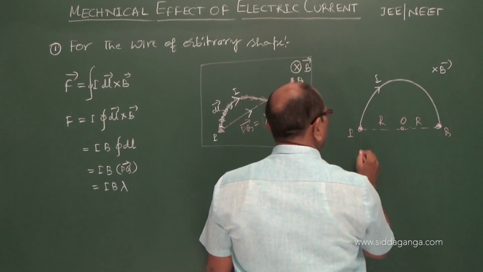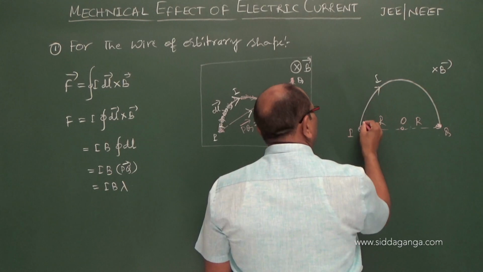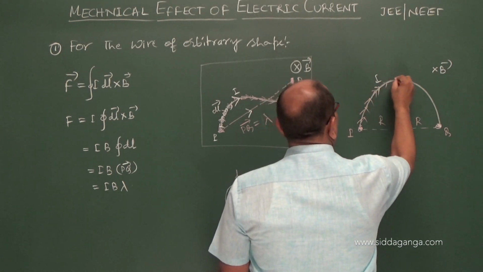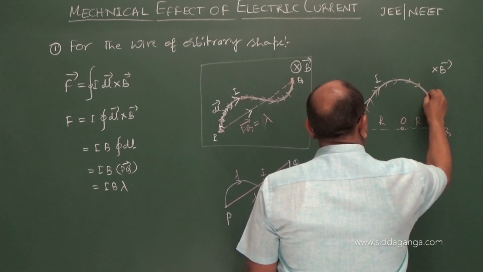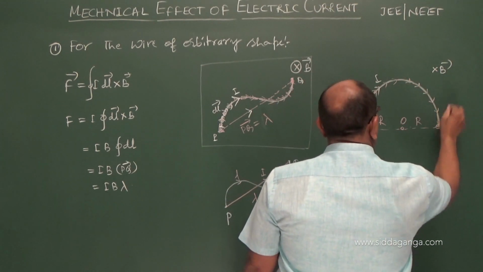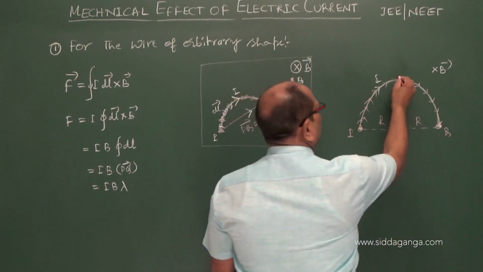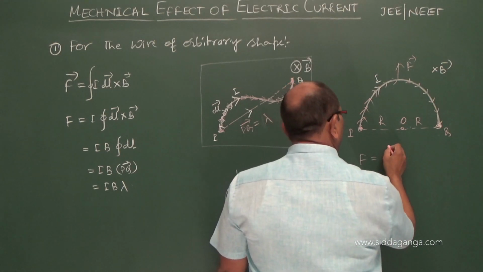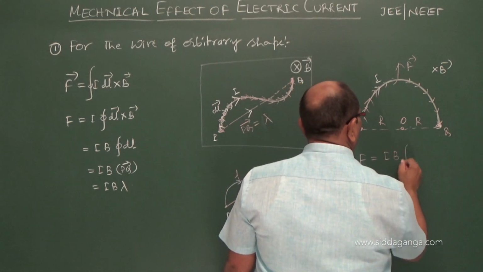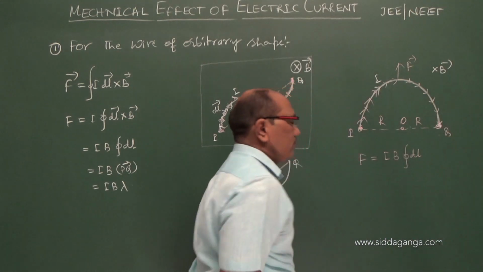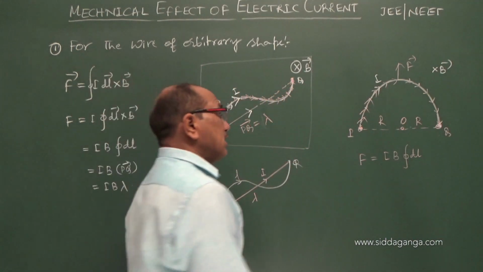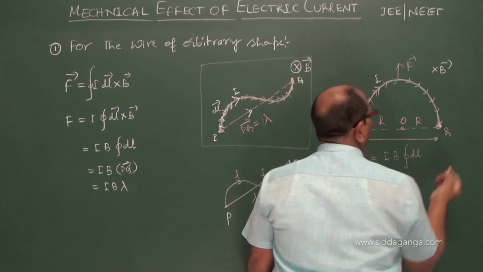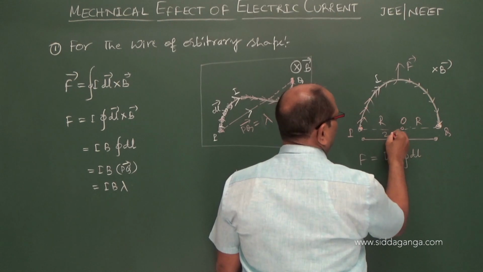Magnitude, if I take. So again I have to make it into small elements as previously taken. The vector sum of all those gives you the force experienced. So this force is given by I into B into the integration of dl. This integration of dl is the net PQ, R plus R is 2R.